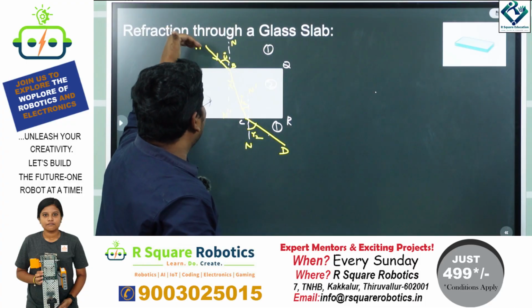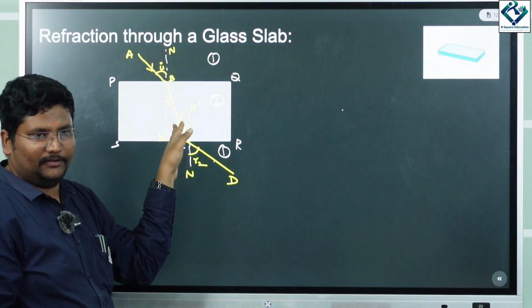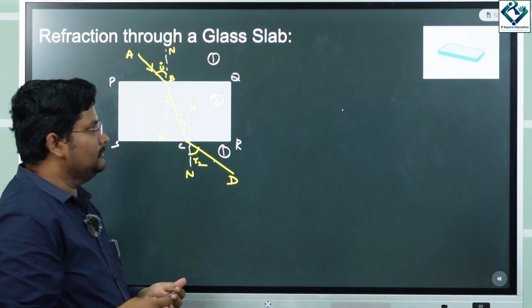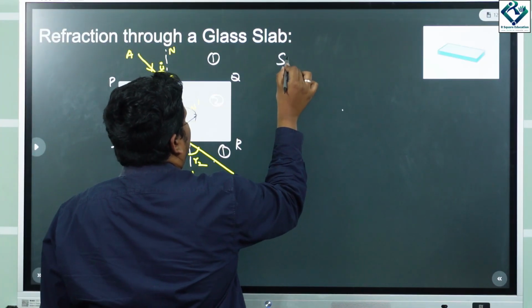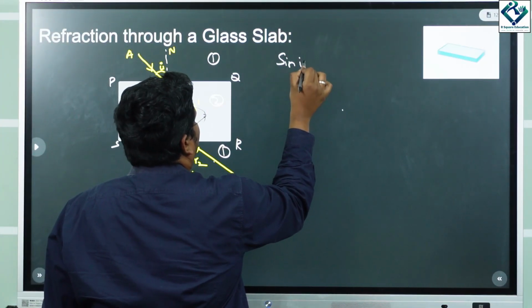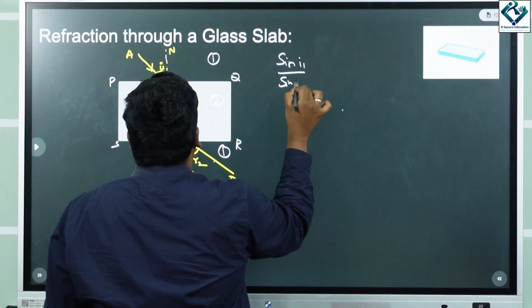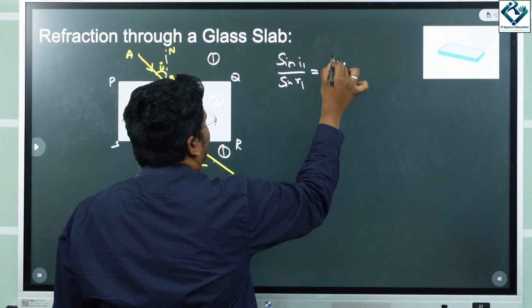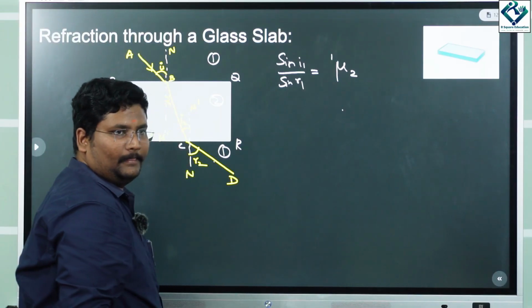Here, the ratio of sine of angle of incidence to sine of angle of refraction is constant according to Snell's law. So sin I1 to sin R1 is equal to the refractive index of the second medium with respect to the first medium, mu12.